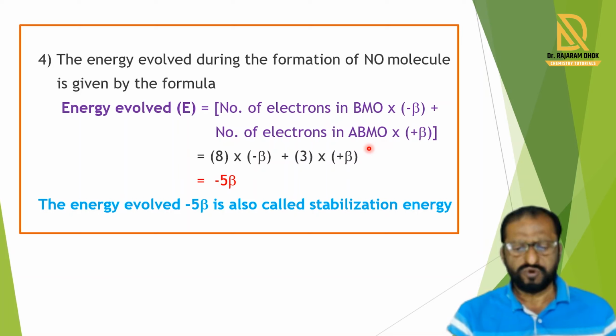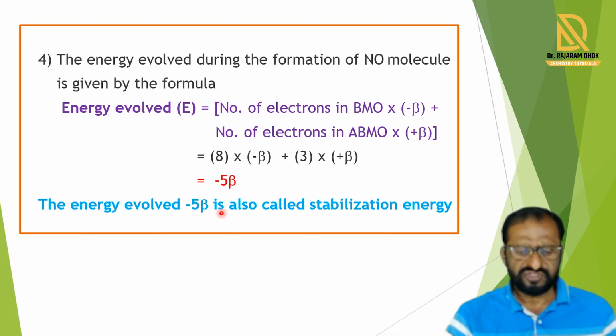In bonding molecular orbitals 8 electrons are present, so 8 into minus beta. In antibonding 3 electrons are present, so 3 into plus beta. By solving this we get minus 5 beta.